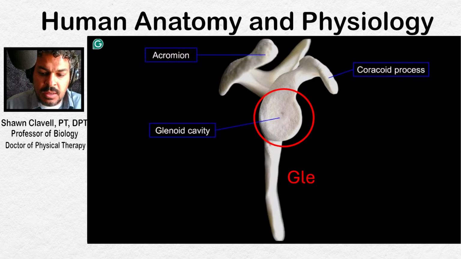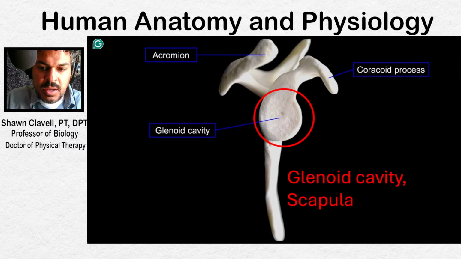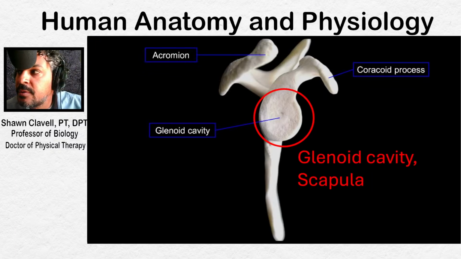This is the glenoid cavity, or the glenoid fossa, both appropriate terms, and then this is the scapula, right? So for full credit, give me the bone. The bone is the scapula. This is the lateral view of the scapula. So you're looking at the scapula, that's the first one, and then the glenoid cavity. This is the glenoid cavity of the scapula. So that's the feature that you would say.